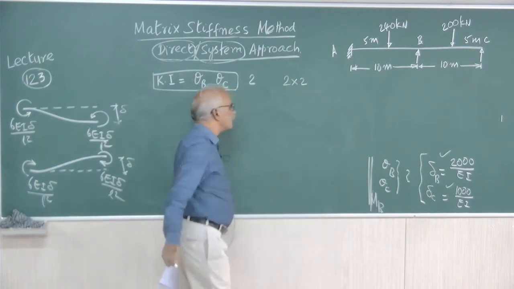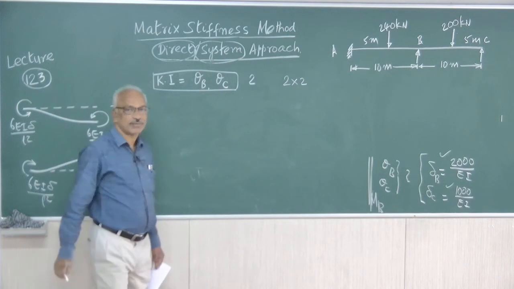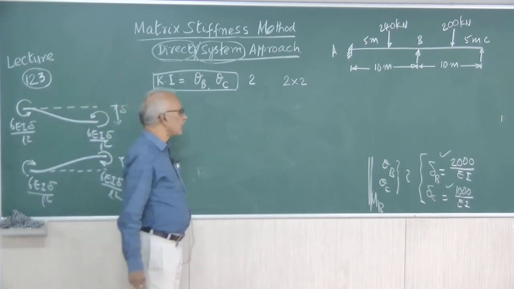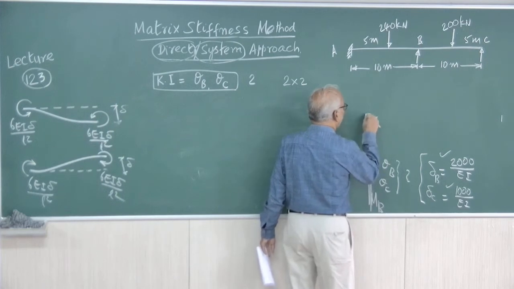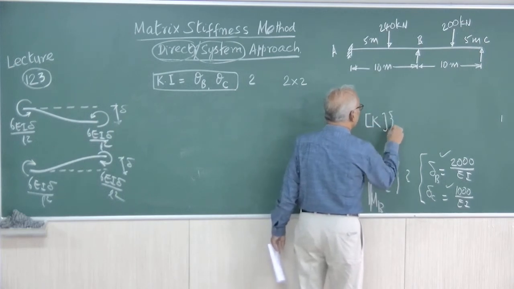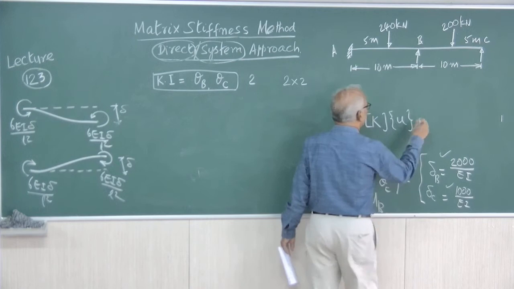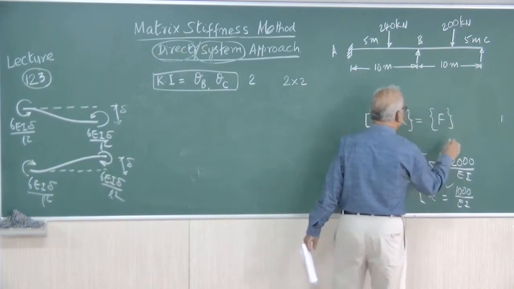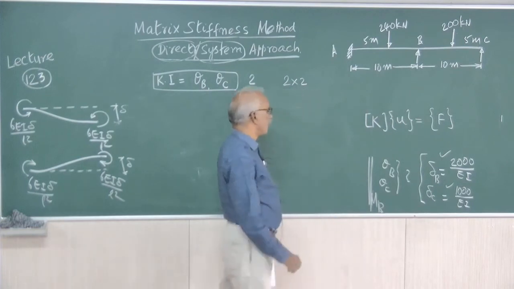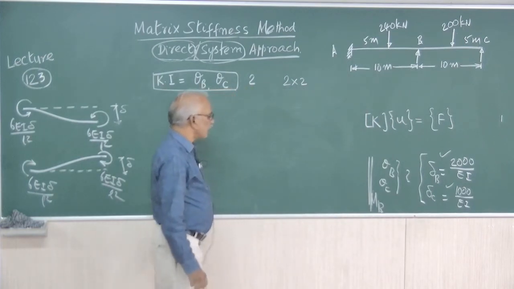Now how do we account for the settlement? We know the equilibrium equation K into U equals F, of course F minus F naught, as we know. Settlements are given.